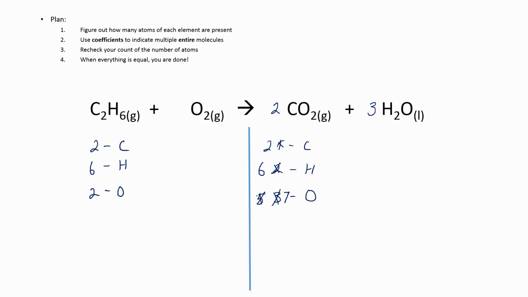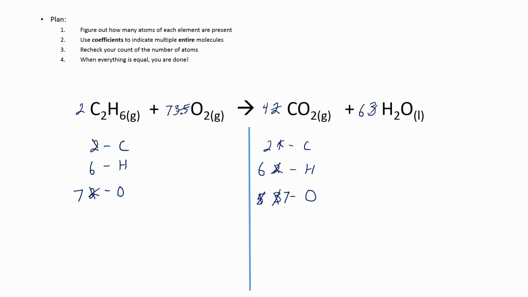Uh-oh. There's no good way to get from here to there, is there? So when this happens, you have 2 choices. The direct way is to say, well, I guess if I had 3.5 of these, that would work. And now everything would be happy and balanced. I can't have 3.5. So what I'd have to do is go back and double everything so I have whole number ratios. So 2, 7, 4, and 6.